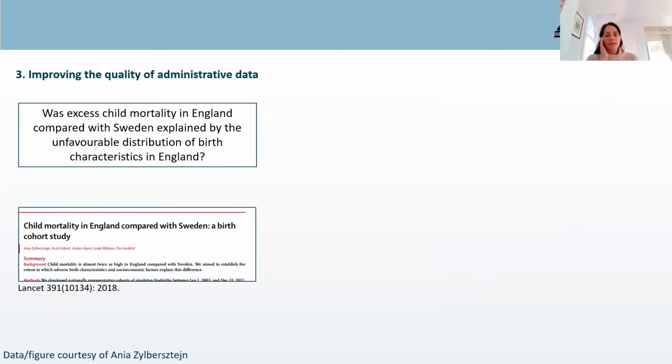And then a perhaps slightly less obvious benefit of data linkage is improving the quality of the original data sources. This study by colleagues at ICH aimed to understand whether the differences that we see in child mortality rates between England and Sweden, where Sweden has lower child mortality rates, could be attributed to the characteristics of children at the time of birth, or whether it's something that we do later that's different between countries that might explain the differences in mortality.